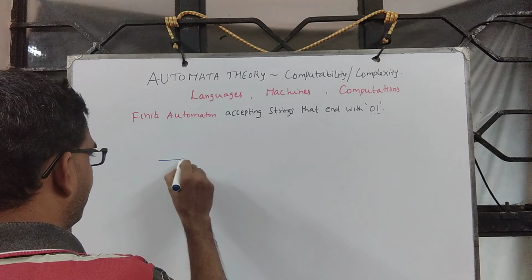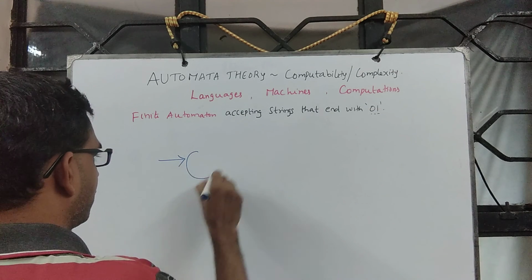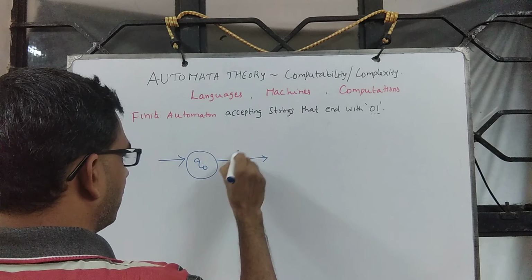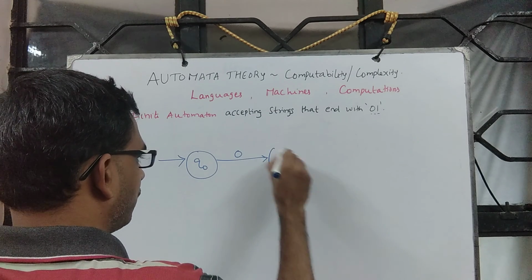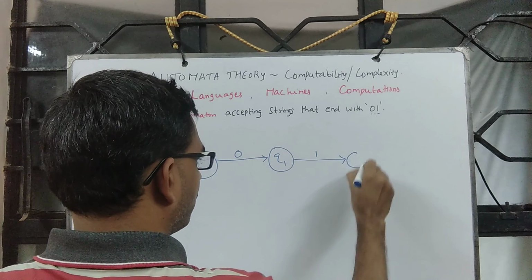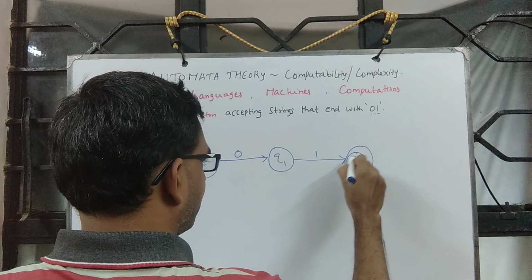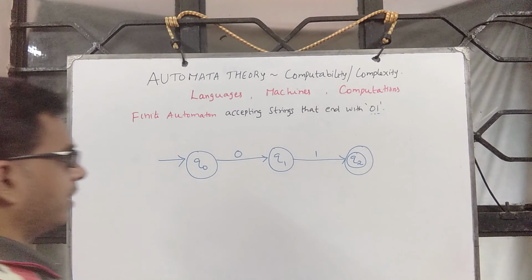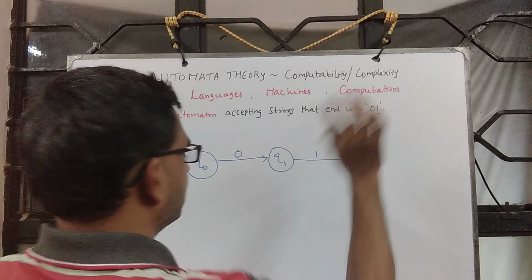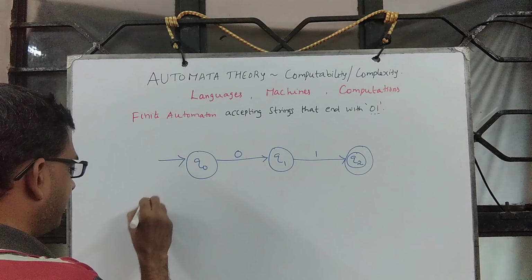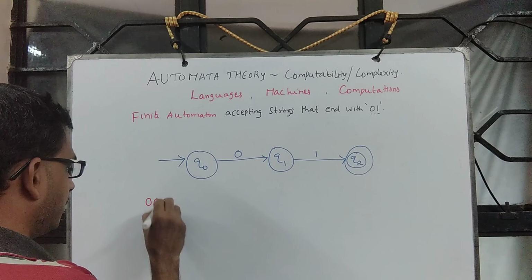What we have right now is Q0 the start state. On reading 0 we go to Q1. On reading 1 we go to a final state labeled Q2. Now this accepts just 01, but we should also accept something like say 0001.